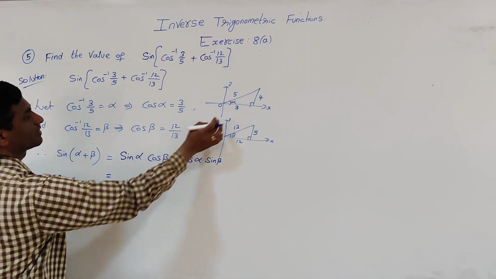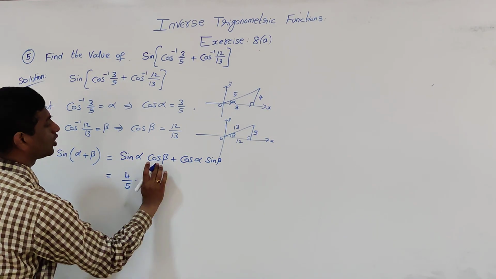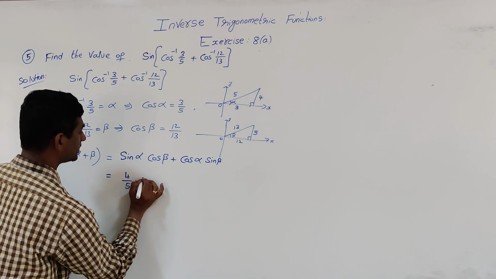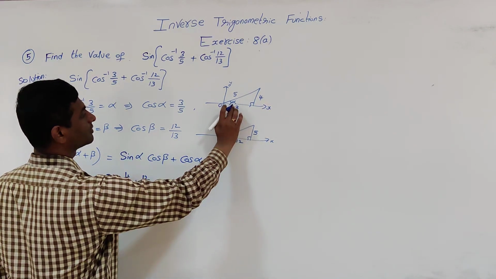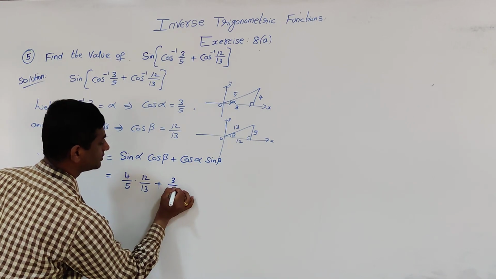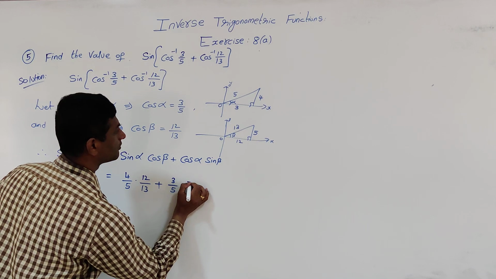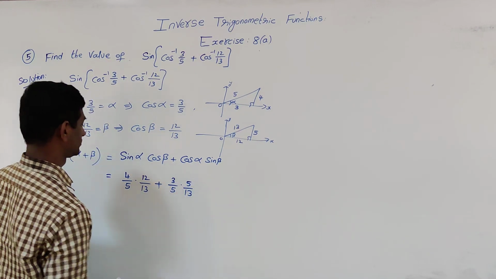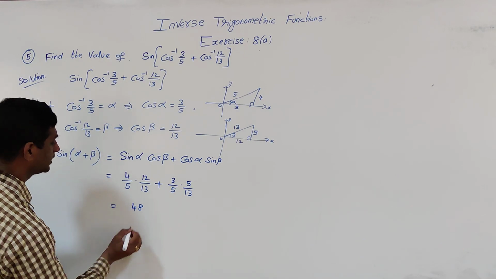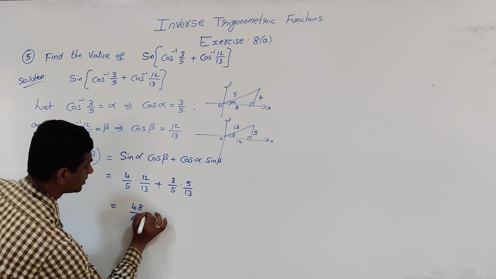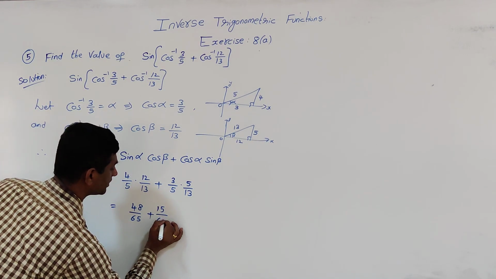So what is sine alpha? From the right angle triangle, sine alpha is 4 by 5, cos beta is 12 by 13, plus cos alpha is 3 by 5 and sine beta from the right angle triangle is 5 by 13. So 12 into 4 is 48 by 65 plus 3 into 5 is 15 by 65.